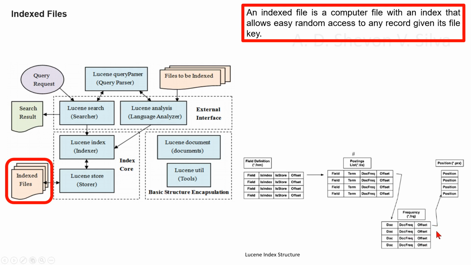That is, it contains a list of all documents that contain a term present in the term dictionary, along with the frequency of each term in the document. The positions file, with extension .prx, represents the list of positions at which each term occurs within the document.